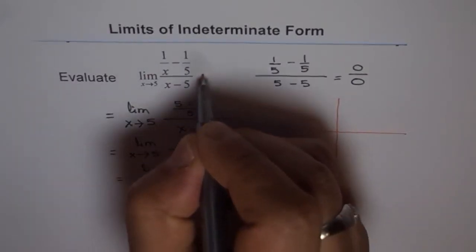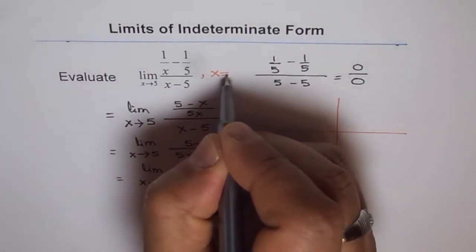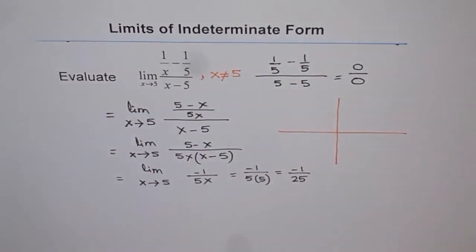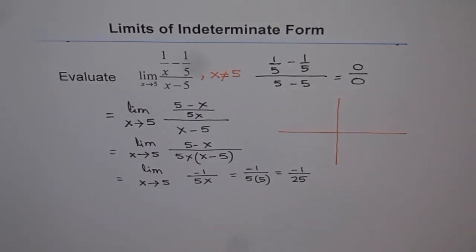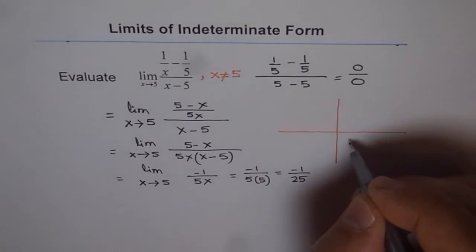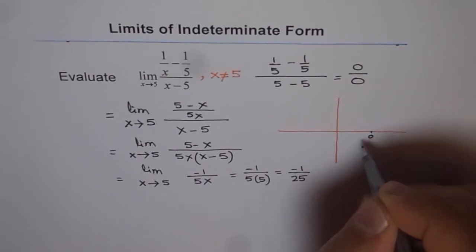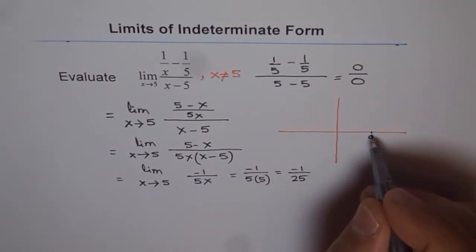So we can write here x ≠ 5, since the function is not defined at 5, right? What we also saw here was that the limiting value of the function as x approaches 5 is −1/25. So let's say this is 5 for us, right? Then the limiting value is −1/25, very close to 0, but somewhere here, right?